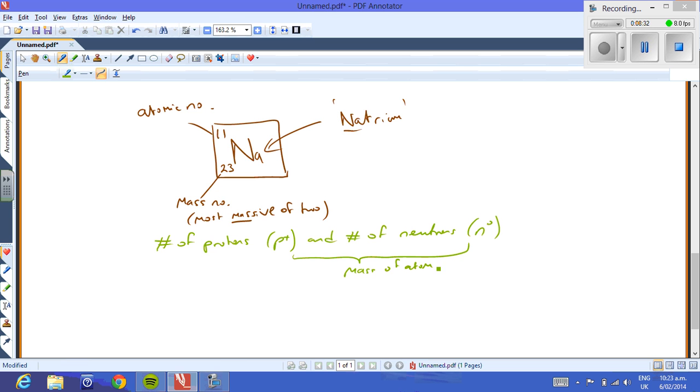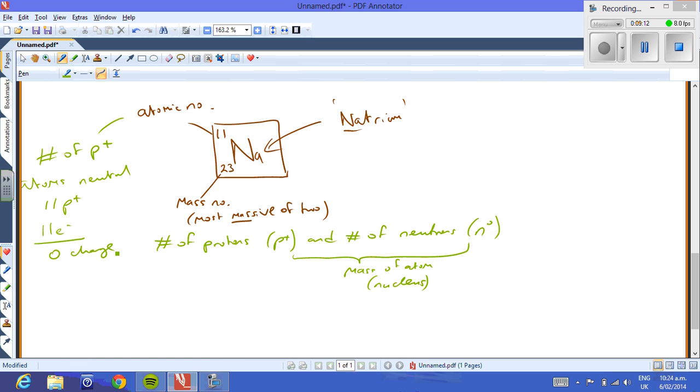Since both protons and neutrons are inside the nucleus, it's the nucleus which gives the most mass to the atom, and the rest of the space is basically lots of empty space and some electrons which are very, very light. The atomic number tells you the number of protons, p positive, and since all atoms are neutral, if you have 11 protons in a sodium atom, then you must have 11 electrons to give it a neutral charge. So that's how you know that the number of protons always equals the number of electrons for a neutral atom.